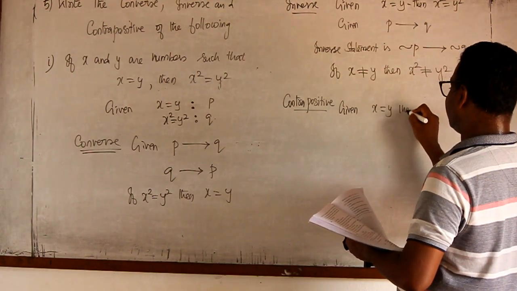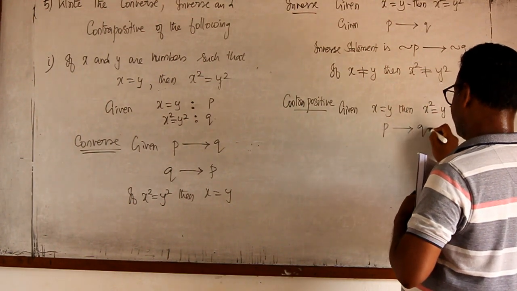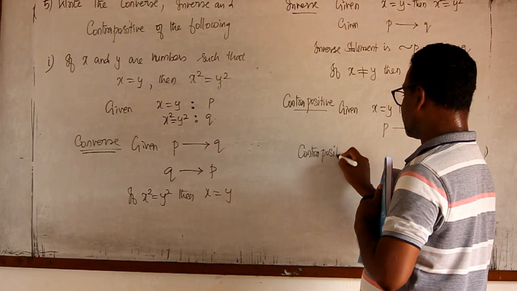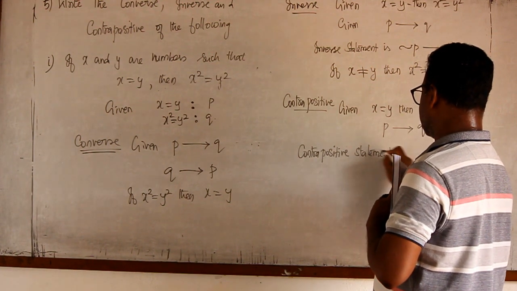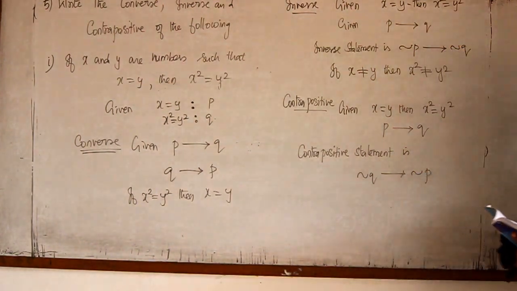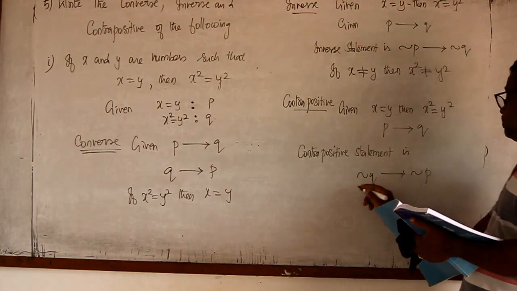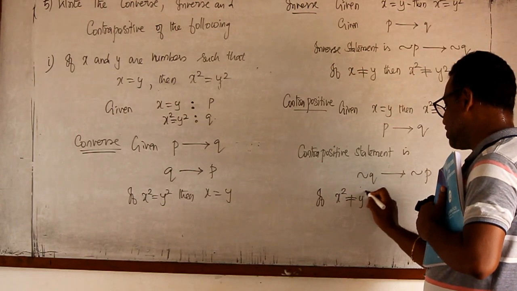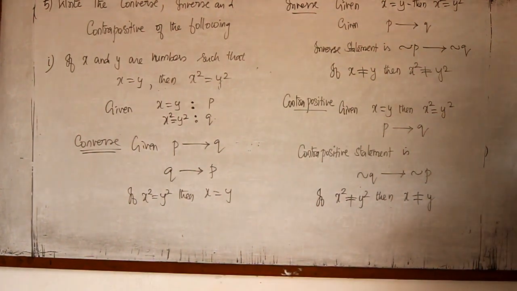If x equal to y, then x square equal to y square, that is P then Q. The contrapositive statement is negation of Q, then negation of P. That is: if x square is not equal to y square, then x is not equal to y. This is the contrapositive statement.